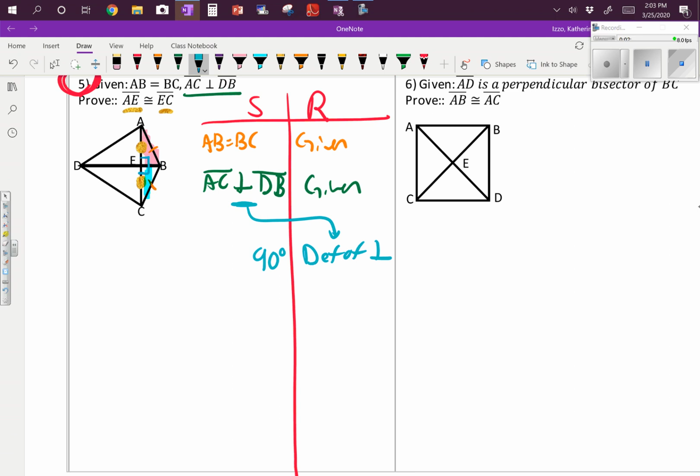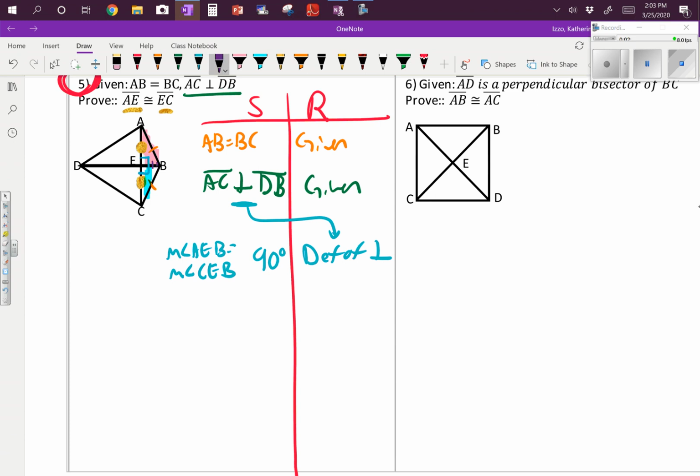Could I list all of them? Yes. Would it be annoying and boring? Yes. So we're going to do measure angle AEB and measure angle CEB. They both equal 90 degrees. Okay, so we got a pair of sides, we got a pair of angles.